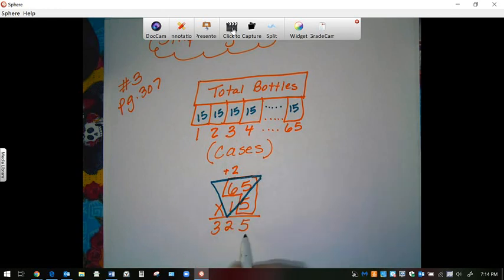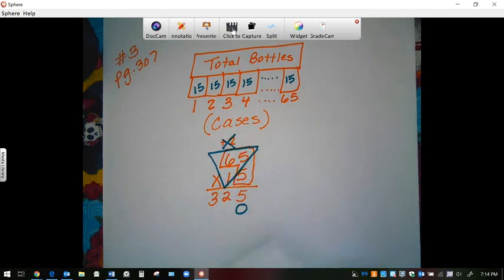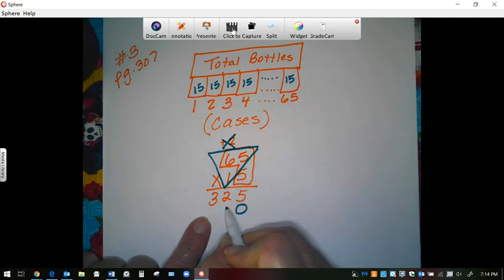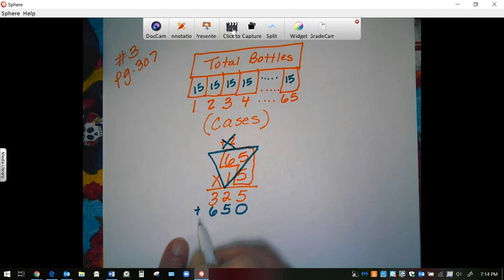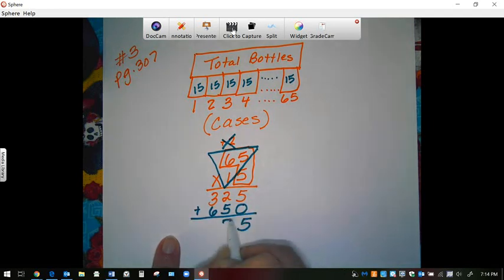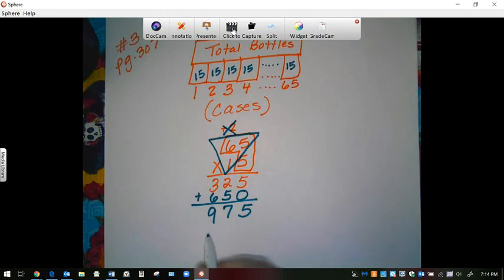And to eat pizza, he needed a plate, and once you use it, you lose it. Now we're only working inside the pizza. 1 times 5 is 5. 1 times 6 is 6. And we add them up, and we end up with 975 bottles.